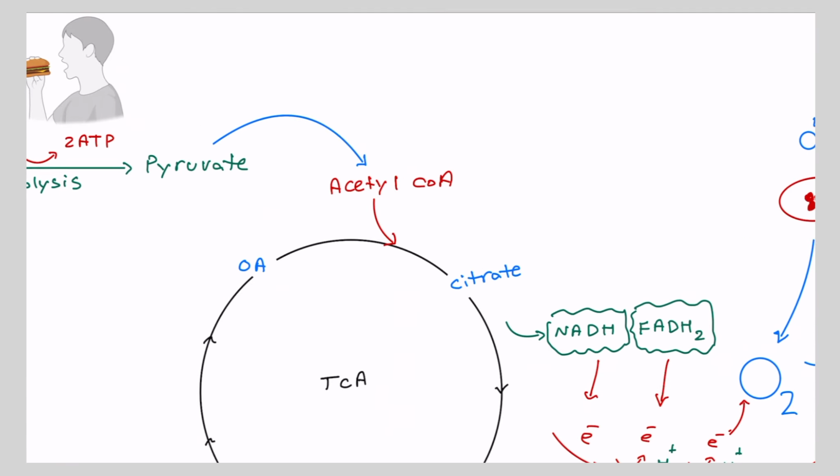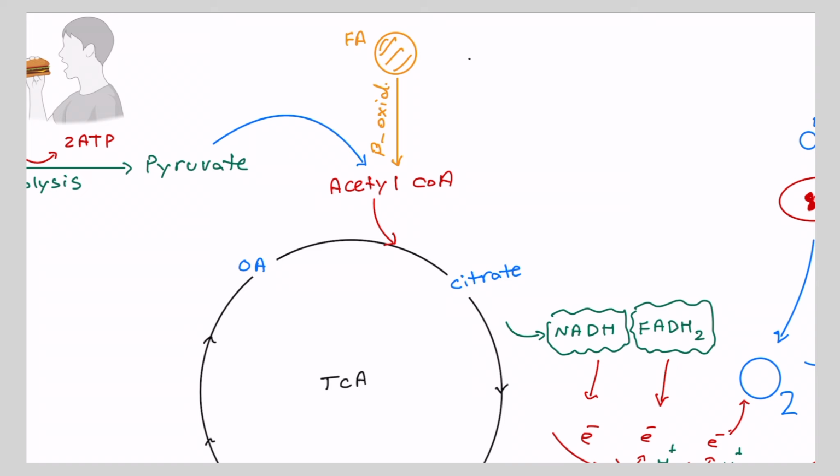Furthermore, we could have production of acetyl coenzyme A from beta oxidation of fatty acids. So here what we have is our fatty acid, which will undergo beta oxidation to get converted to acetyl coenzyme A. So this is going to be our beta oxidation.